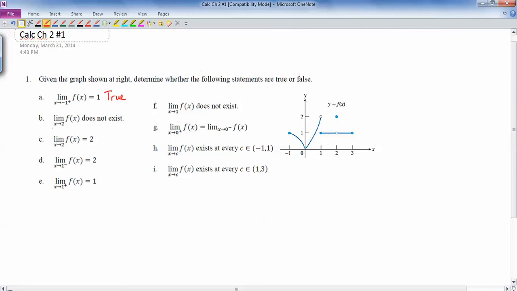And number 2 says the limit as x goes to 2 of f of x doesn't exist. Well, let's look at the limit as x goes to 2 from the left side, and the limit as x goes to 2 from the right side.